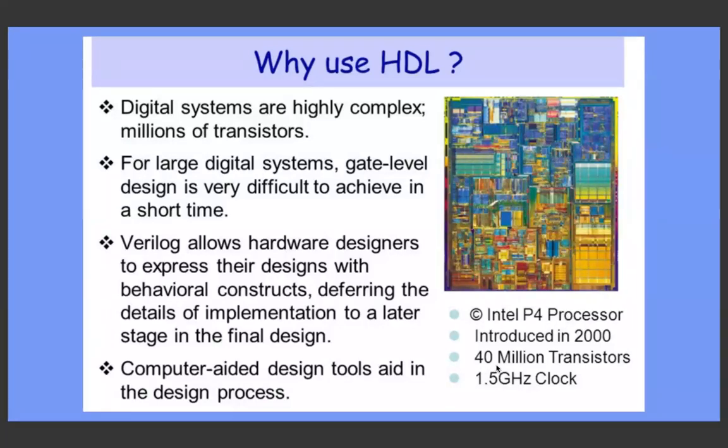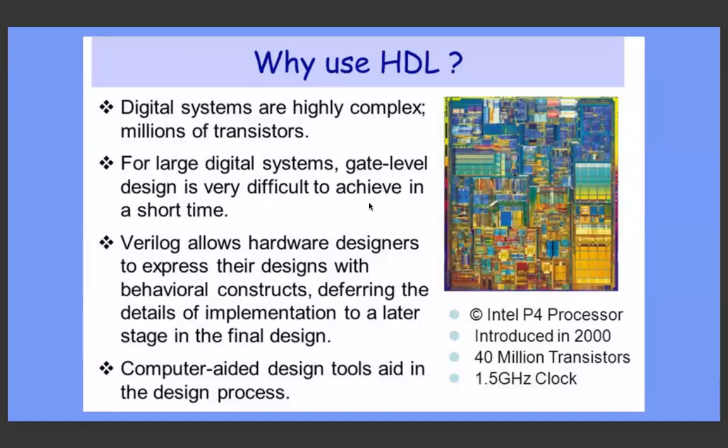It itself has 40 million transistors and is running at 1.5 gigahertz, and current processors are 5 to 10 times or much more advanced than that. Even if I say processors which are 100 times more advanced than these are in preparation, it would definitely be a valid statement.